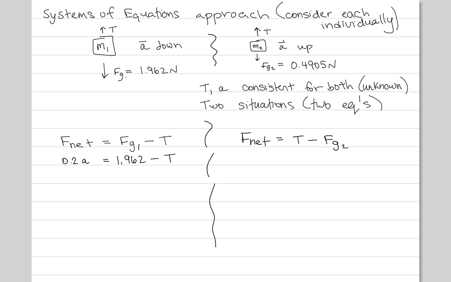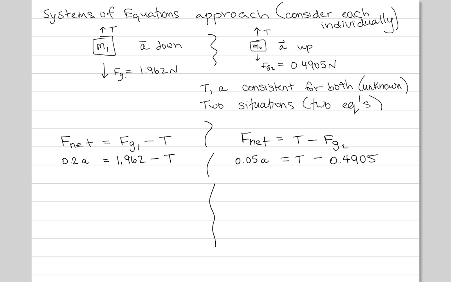It's just like math class now. Now on the other side, you have 0.05a equals T minus 0.4905. That's the weight of the second mass. It's just the kilograms times the acceleration of gravity.